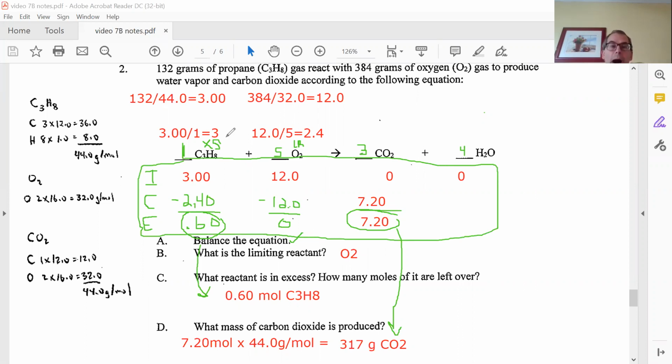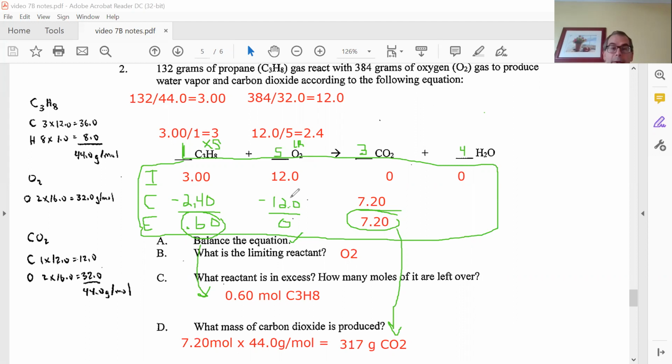So I take that moles and moles, and I got to figure out the limiting reactant. Just because this moles is bigger doesn't mean it is, because it's bigger in the equation. I take the 12 divided by 5, I get 2.4. I take the 3 divided by 1, I get 3. The smaller number is the limiting reactant.